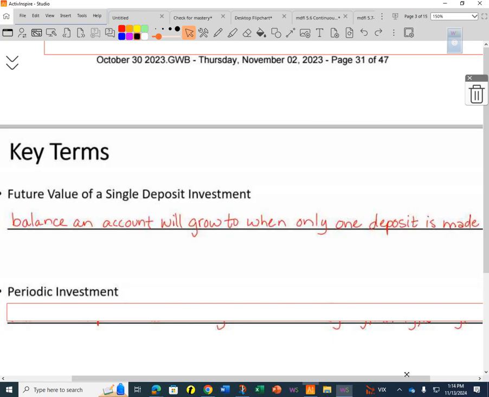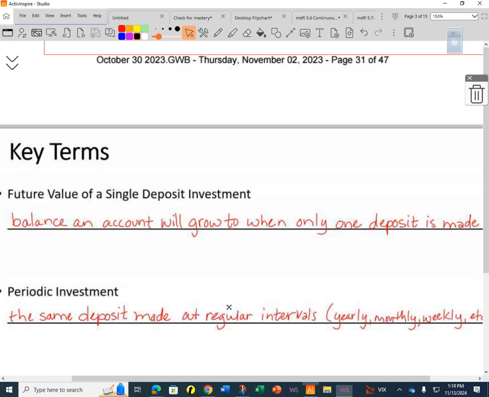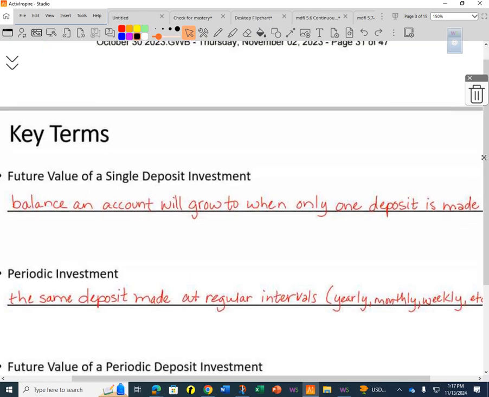That would be a repeating deposit, the same deposit made at regular intervals. One of the clues here is yearly, monthly, weekly, or even the word each. Each year, each month, each day. So that periodic investment just refers to an investment of the same amount that you make multiple times at periodic set intervals.